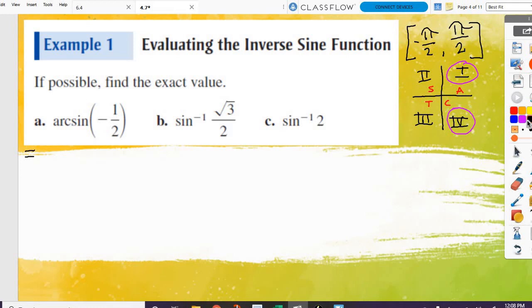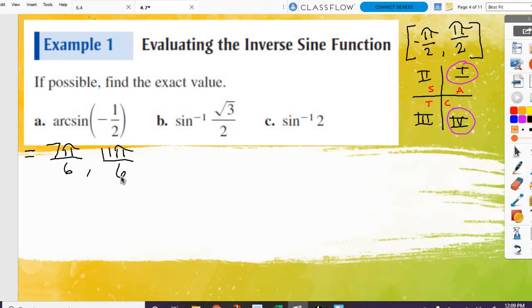So that would be 7 pi over 6. And then in our fourth, it's 2 times the denominator minus 1. 11 minus 1, not plus 1. So 11 pi over 6.